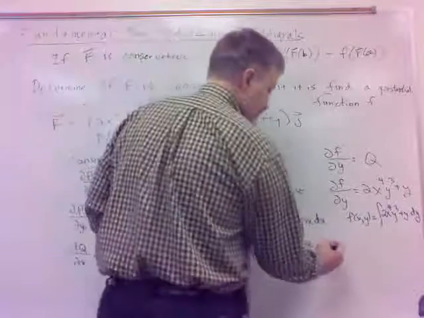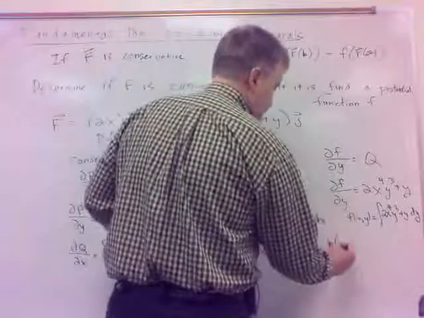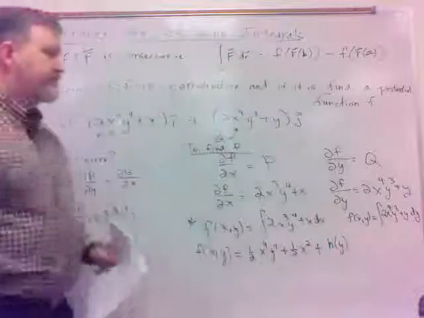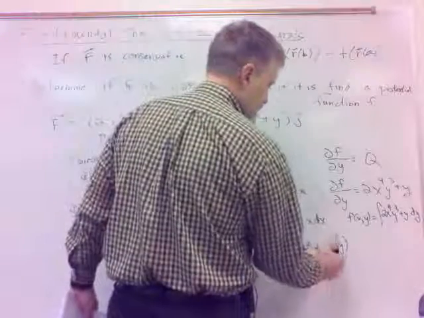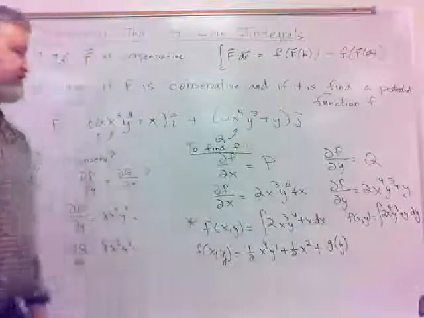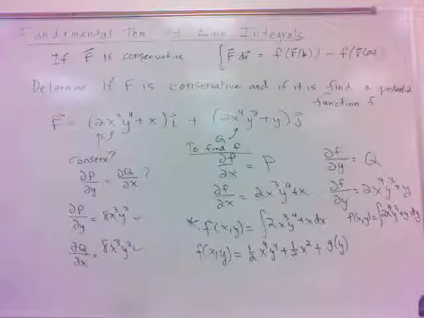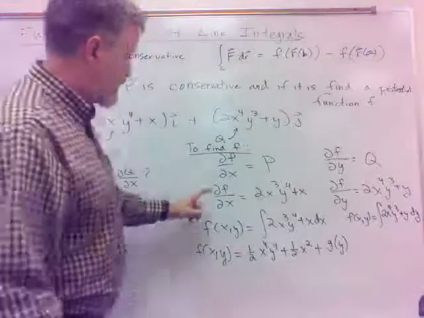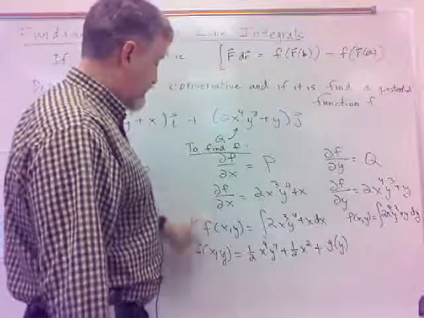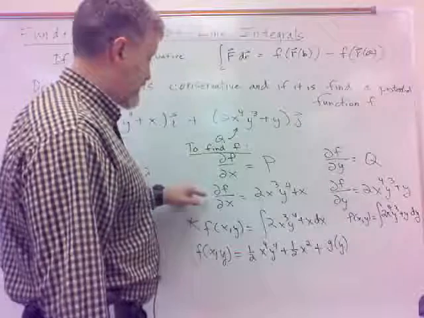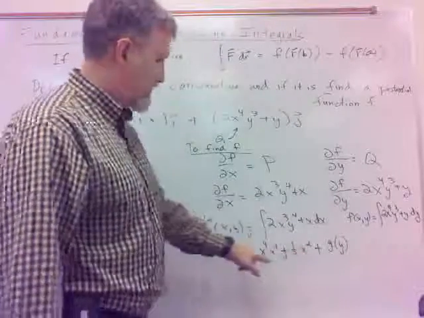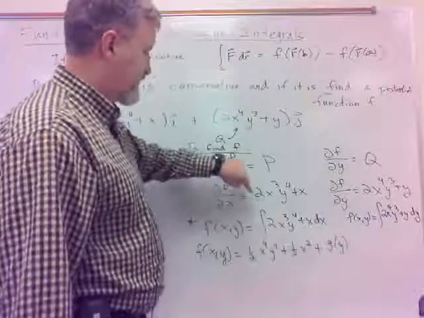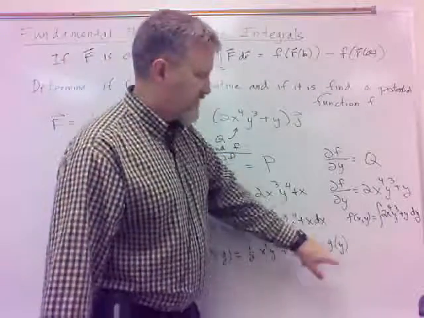So, in other words, our constant part is some, call it h or g, we'll call it g, some function of y. Because, like I said, this is coming from the partial with respect to x. And so if we take the derivative of this with respect to x, that's going to give us this, because this is just some function of y.